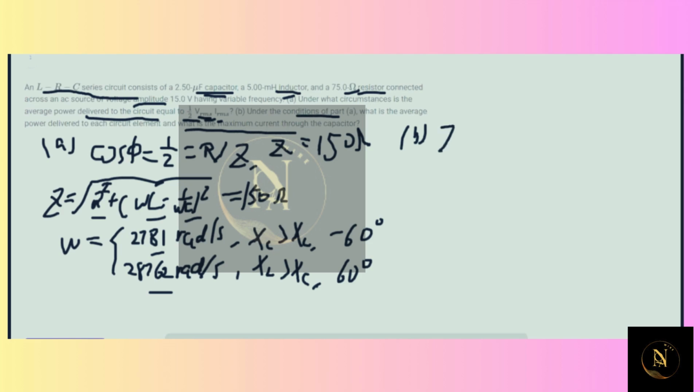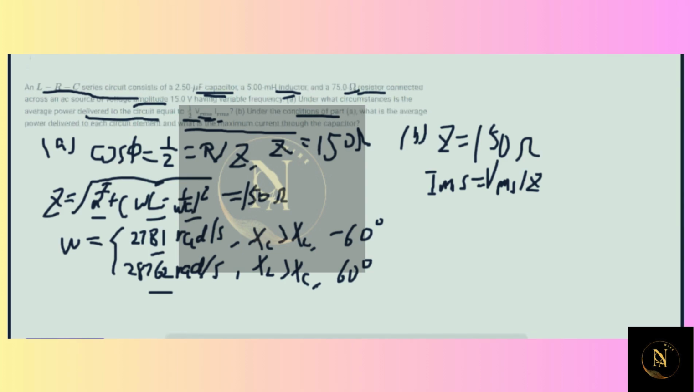Because we already have Z from part A, which equals 150 ohms, we can figure out I_RMS directly by using V_RMS divided by Z. We already know the amplitude of the voltage, which is 15.